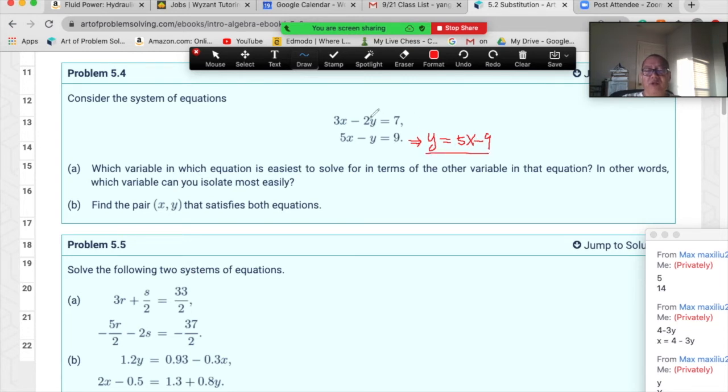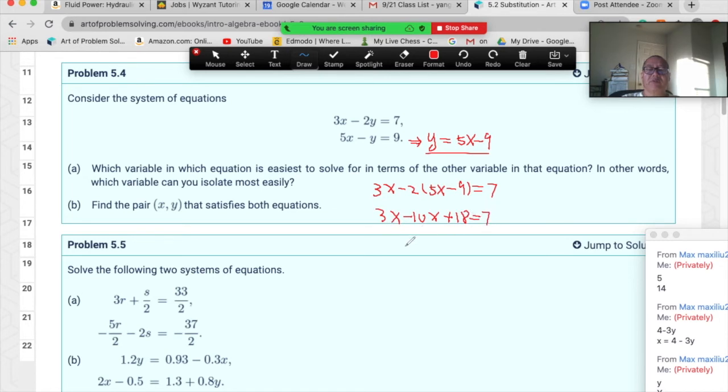Now, plug this one here. So we get 3x minus 2 times (5x minus 9) equals 7. Simplify this, get 3x minus 10x plus 18 equals 7.